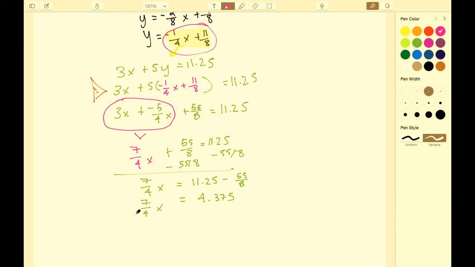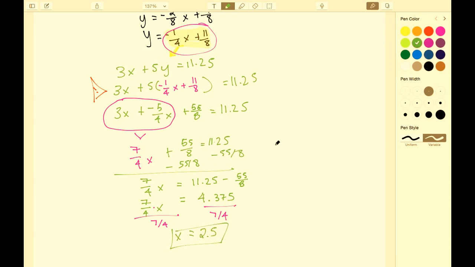And so what we're going to do is, this is like multiplying, so we're going to divide by 7/4, and x will equal, once you type this in the calculator, 4.375 divided by 7/4 is 2.5.